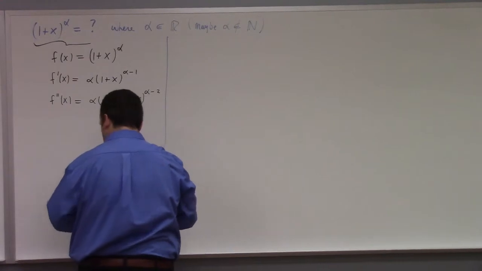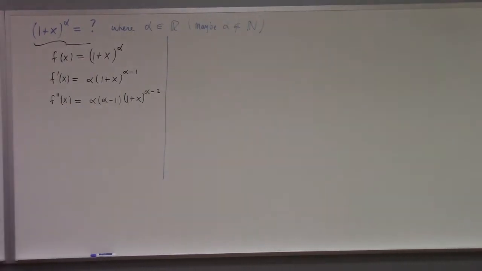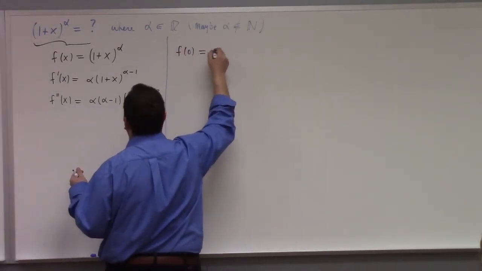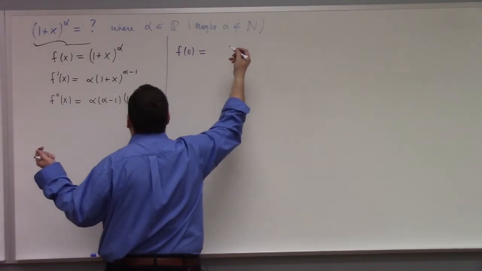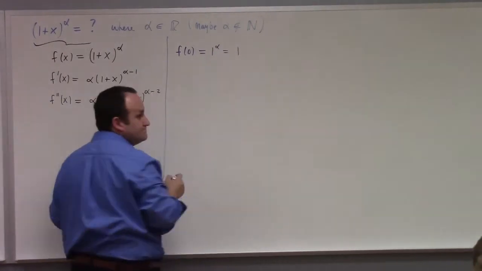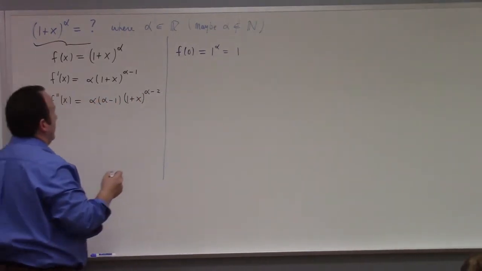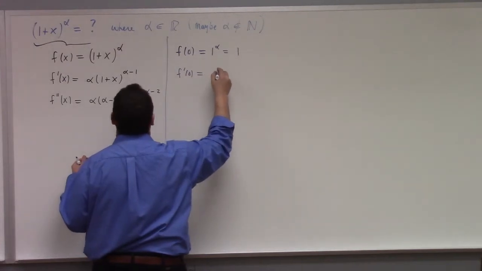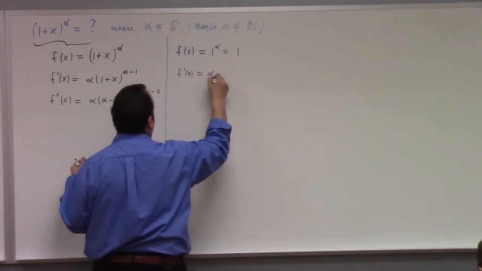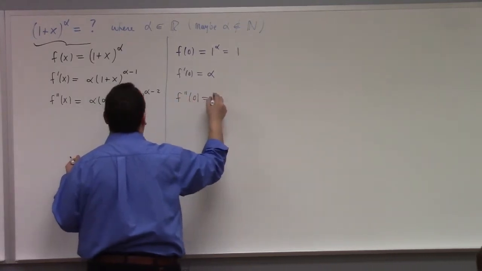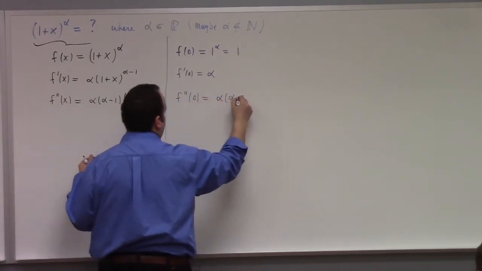So I'll start evaluating. What's f of 0? One to the alpha, also known as 1. What's f prime of 0? Looks like we got an alpha. What's f double prime of 0? Alpha times alpha minus 1.